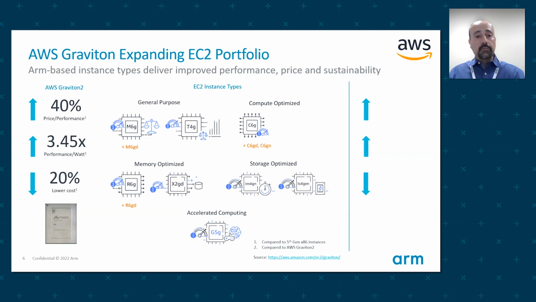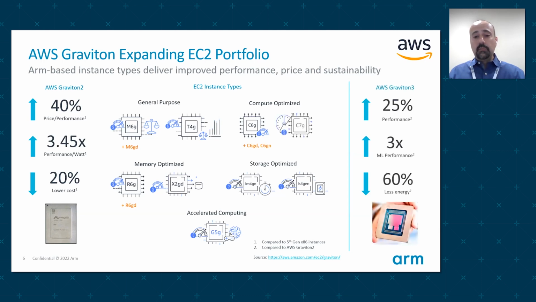You also see the benefit of 3.45x performance per watt, which in the overall picture results in a lower cost structure. The more energy efficient the processes are, the less energy they waste, and the better cost savings are passed on to the end user. So the Arm-based instances deliver improved performance, price, and sustainability benefits.